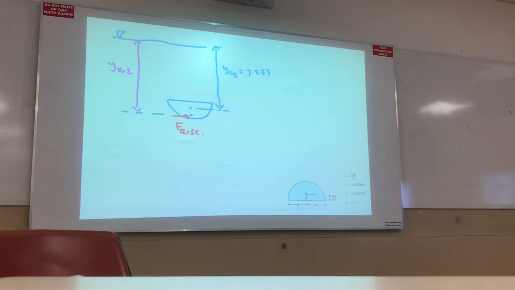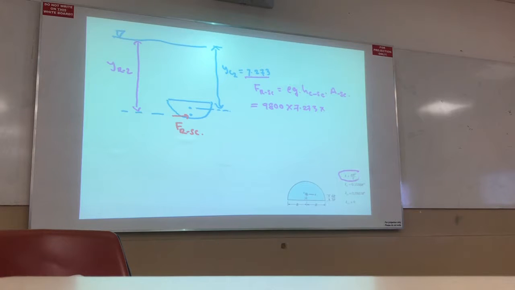So what is this value? Tell me. FR for semicircle, rho g hc, right? For semicircle times area of semicircle, right? So what is the rho g? Rho g is 9800. What is hc of semicircle? This number, 7.273. What is the area of semicircle?